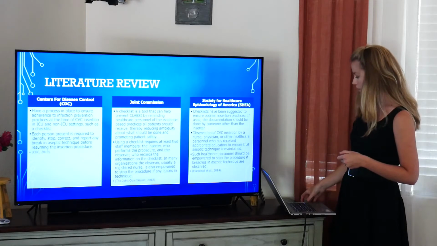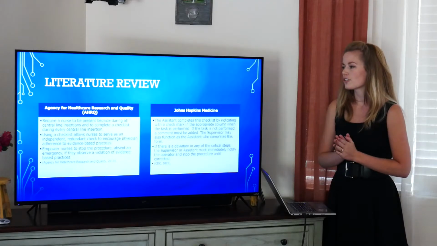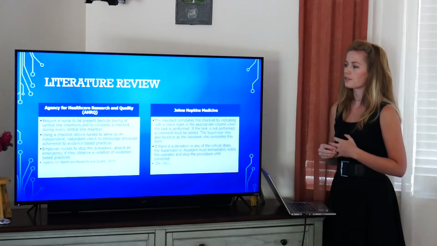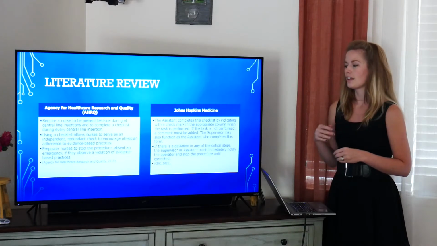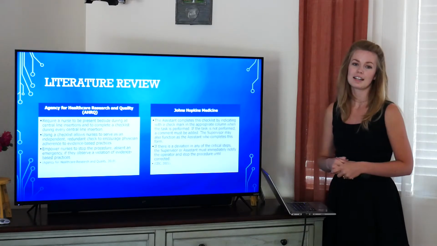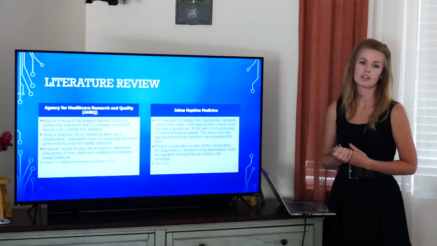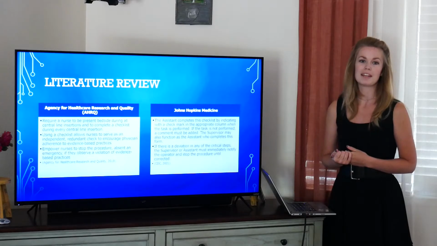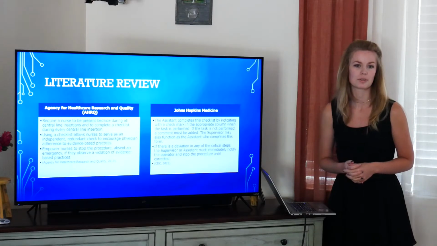In addition to these 3, we also see from AHRQ, which is the Agency for Healthcare Research and Quality again, and also from Johns Hopkins Medicine, they have also put out checklists and guidelines that recommend this use of 2 staff members during all central line care to help maintain sterility and hopefully further prevent CLABSI rates from occurring.